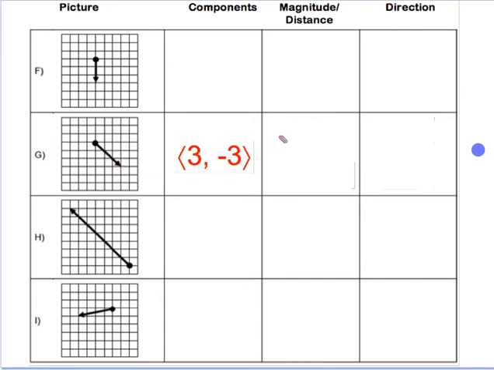Now to calculate the magnitude or the distance, I'm going to use my Pythagorean theorem. I have 3 here and 3 here, so 3 squared plus 3 squared equals c squared. So 3 squared is 9, plus 9 gives me the square root of 18. I can simplify the square root of 18. If you divide 18 by 3, you get 6.